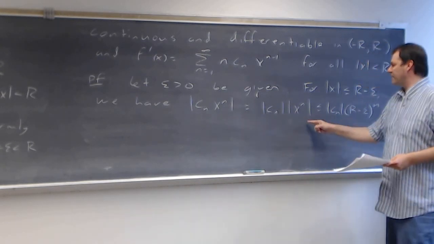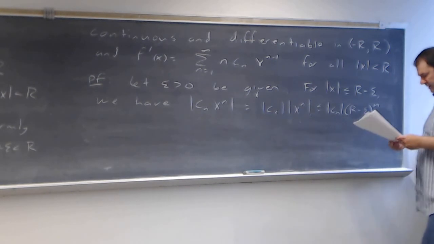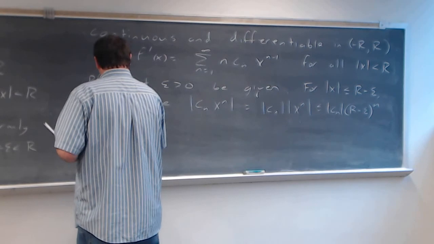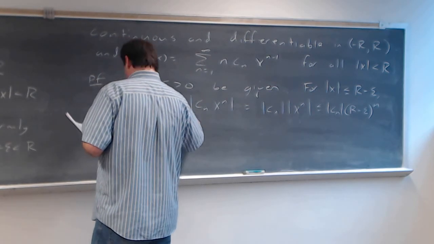Here, the absolute value of x to the n is the same thing as the absolute value of x all raised to the n.